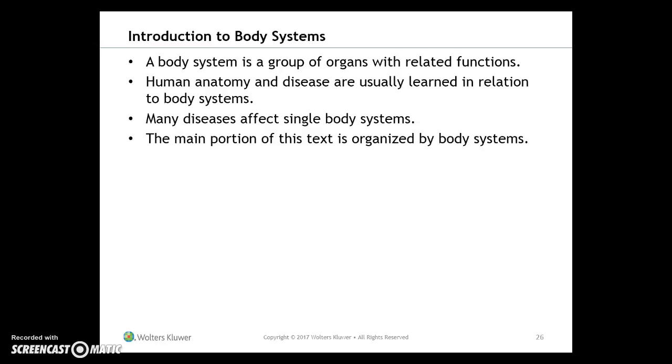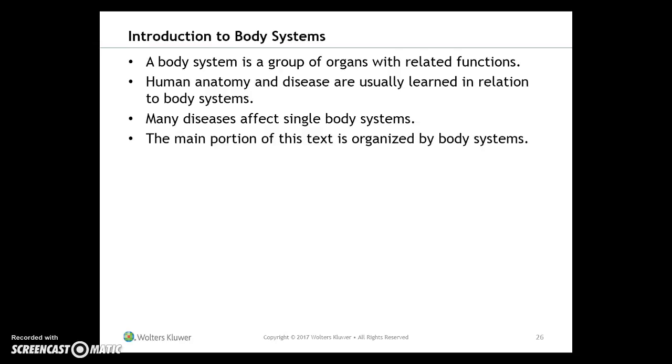We inhale oxygen from the air we breathe, deliver it to our cells, and we exhale, or breathe out, the carbon dioxide, which is the waste product of cellular metabolism. So human anatomy and diseases are usually learned in relationship to the body systems, and then we'll learn the diseases that affect these body systems.